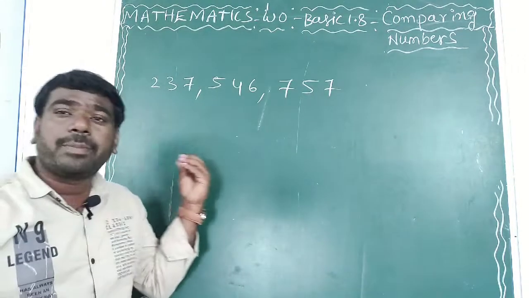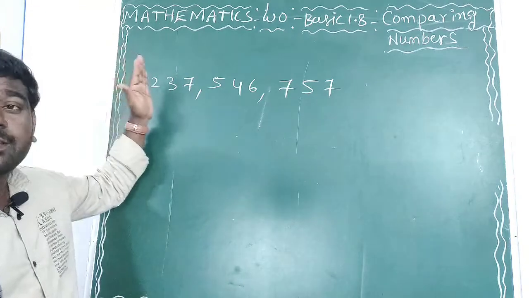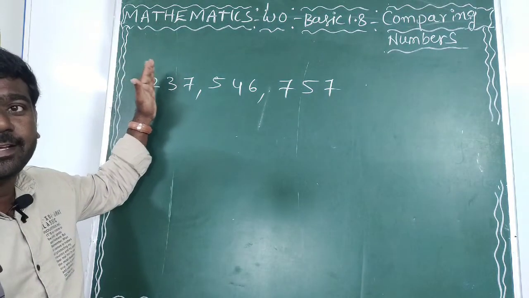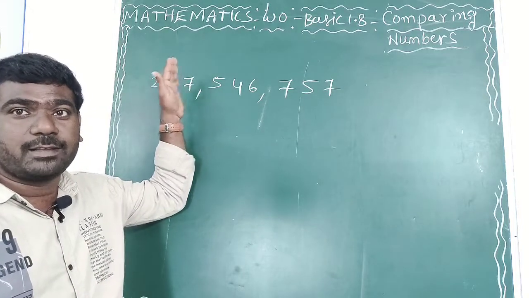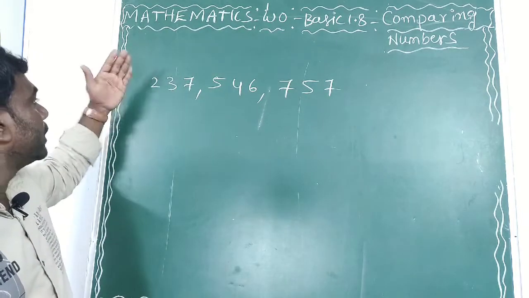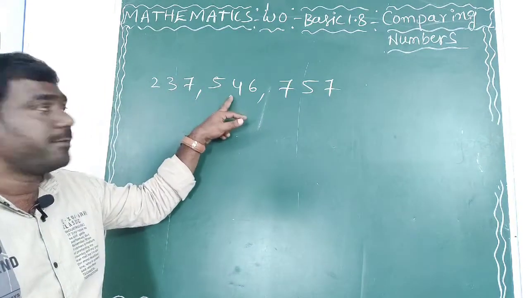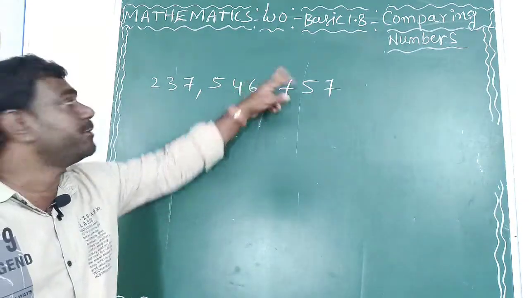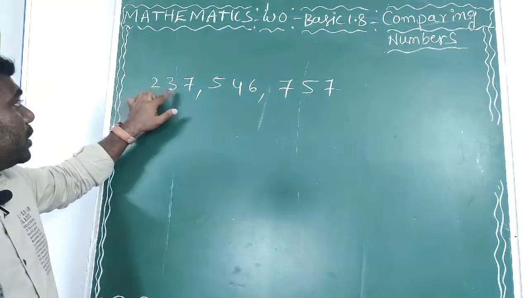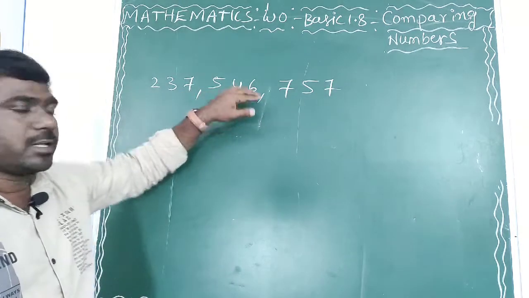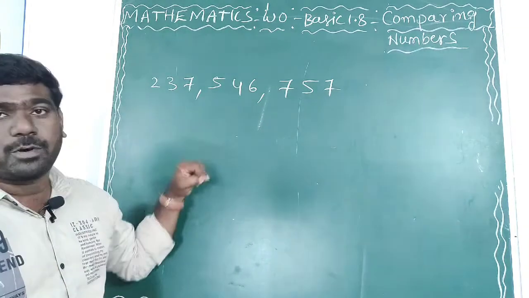When we have to compare numbers, where do we start? Left side digits. Remember, we have to compare the left side digits. Now see, first we will compare these two numbers, 237 and 546.